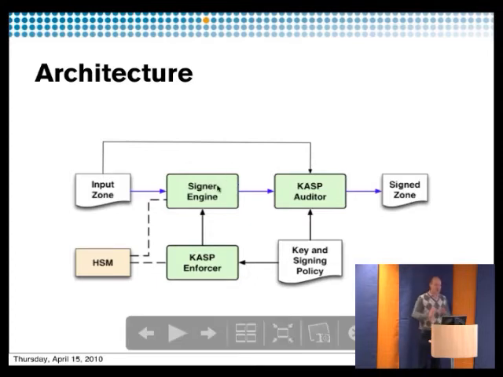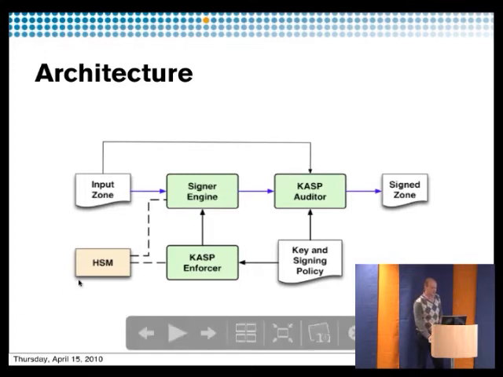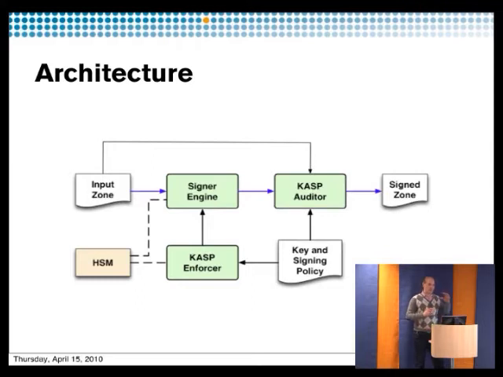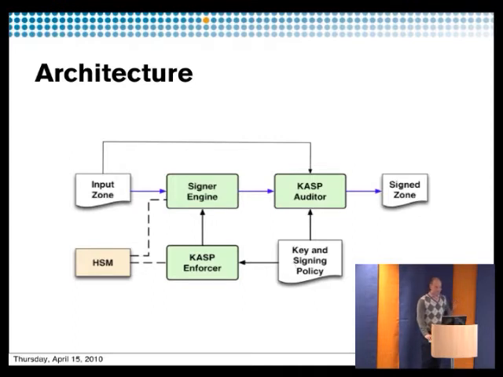The signer engine then takes this configuration from the KASP Enforcer and takes the unsigned zone, and signs it using the keys in the HSM. And then we also have an option to add some auditing on top of this, and that's the KASP Auditor, which compares the unsigned and signed zone so that we don't lose any information, but also that the system has done everything according to the KASP.